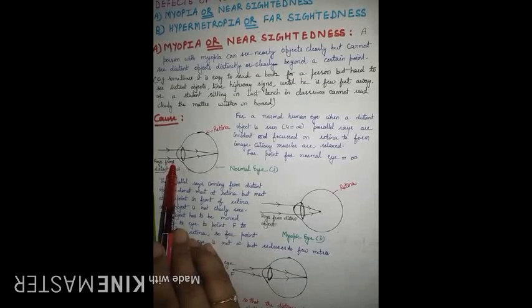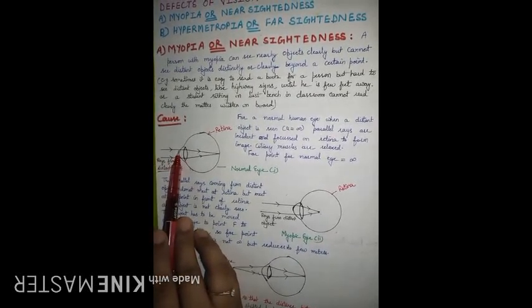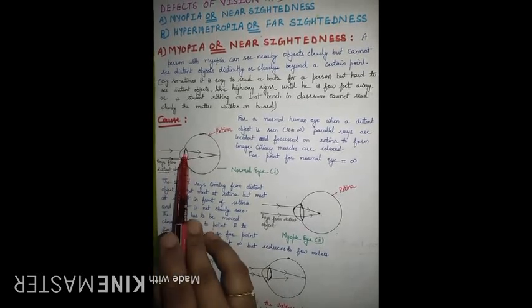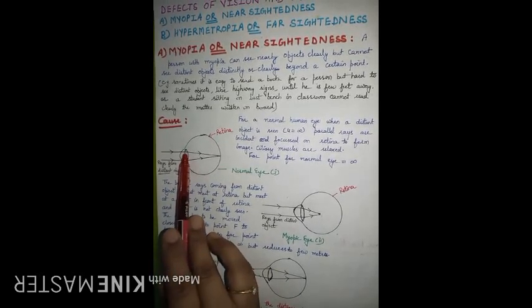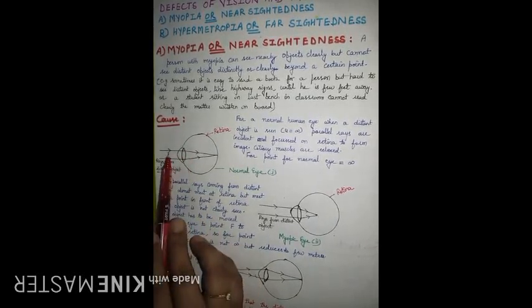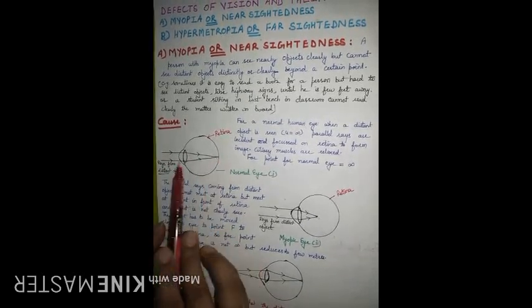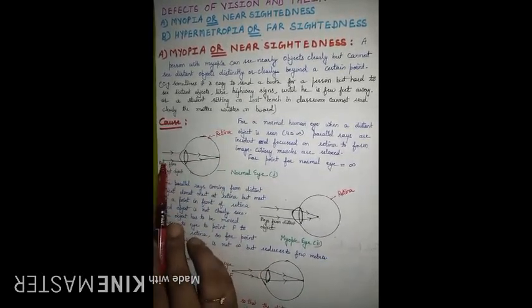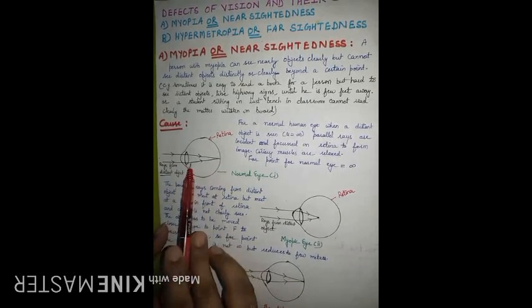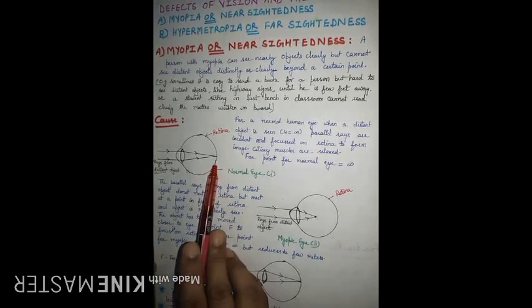Then for a distant object we will consider incident rays to be parallel, and ciliary muscles in this case are fully relaxed. The lens is capable of focusing these incident rays on the retina. So a clear image of the distant object will form on the retina. This is the case of a normal human eye without any defect.